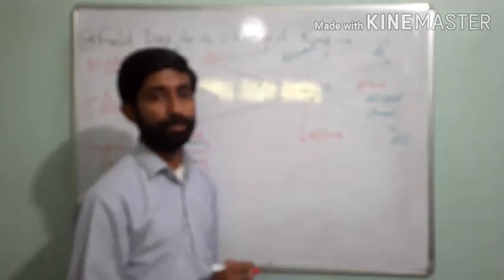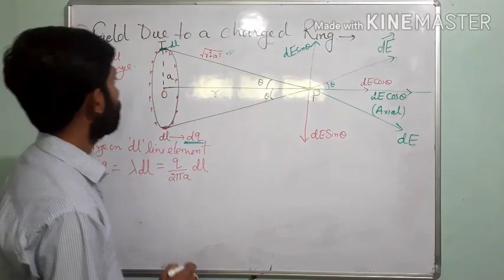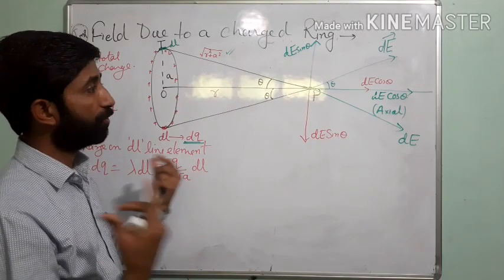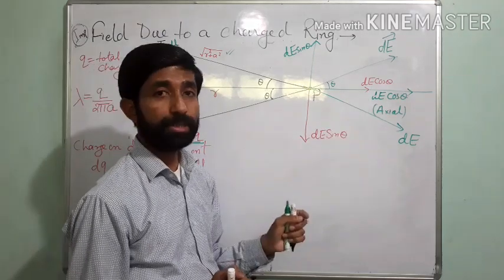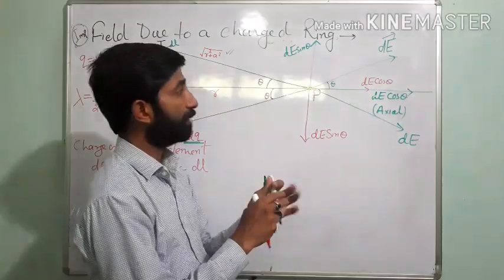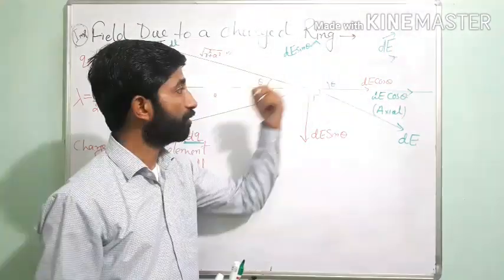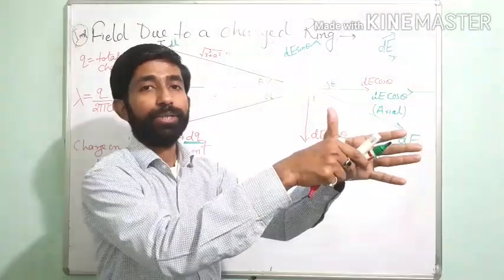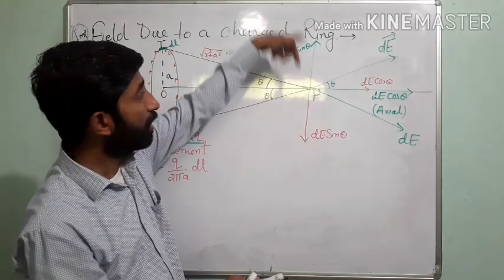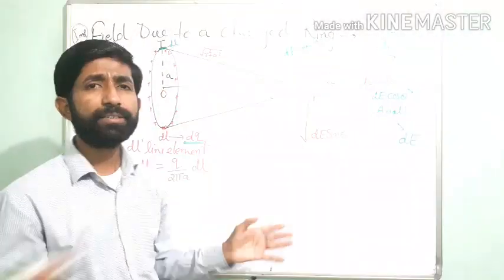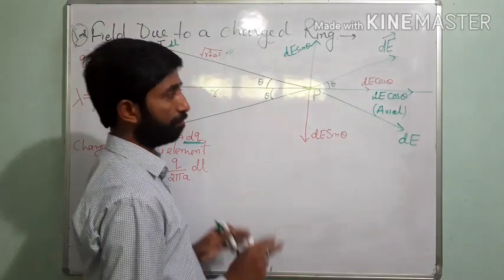What we have to focus on is the horizontal component. So we have a large number of diametrically opposite points producing dE cos theta, which are along the same direction, that is along the axis of the ring. And so their fields will be added, while the vertical components, being equal and opposite, cancel each other. But that is simple.